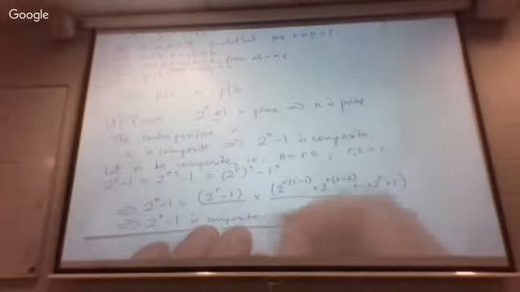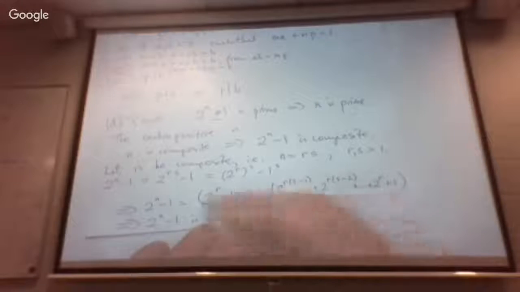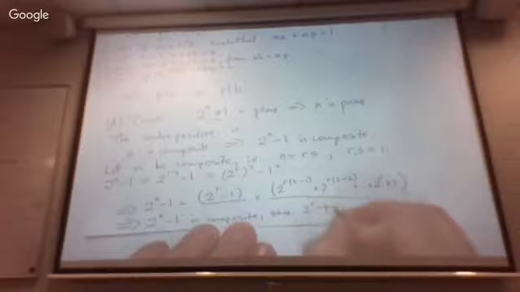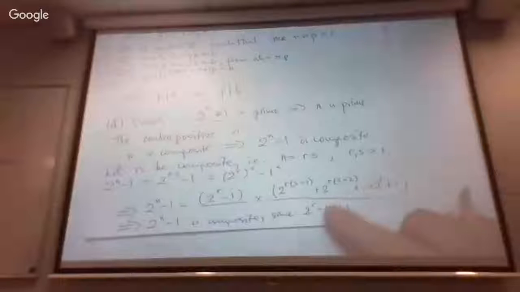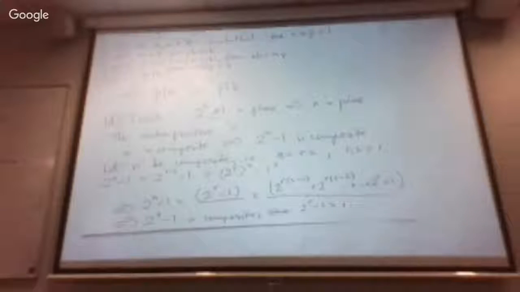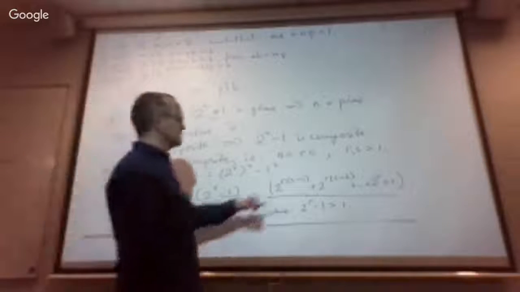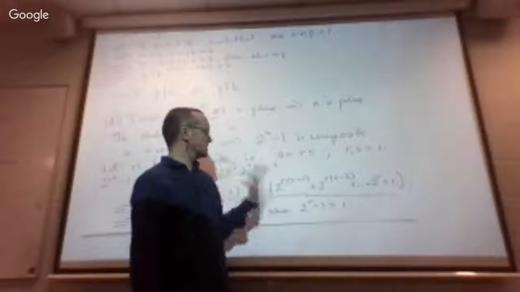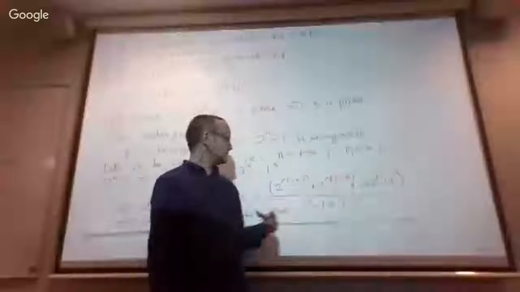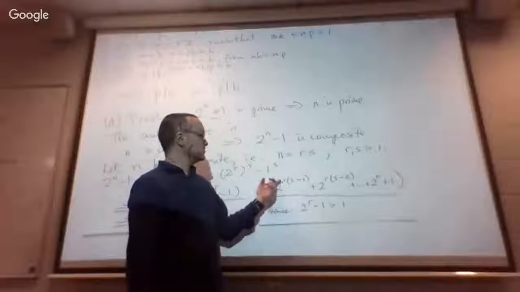And that means 2 to the n minus 1 is composite, since you just have to say that 2 to the r minus 1 is strictly bigger than 1. And that's true because r is strictly bigger than 1. So this is at least 4 minus 1, this is at least 3, this factor. And this factor over here is certainly strictly bigger than 1 because s is strictly bigger than 1. s is at least 2. So this bracket at least begins at 2 to the r.